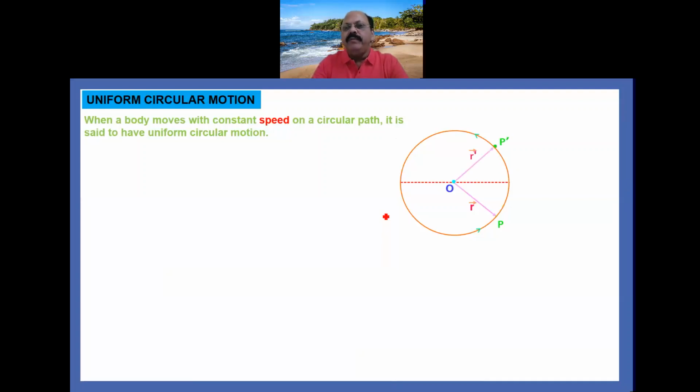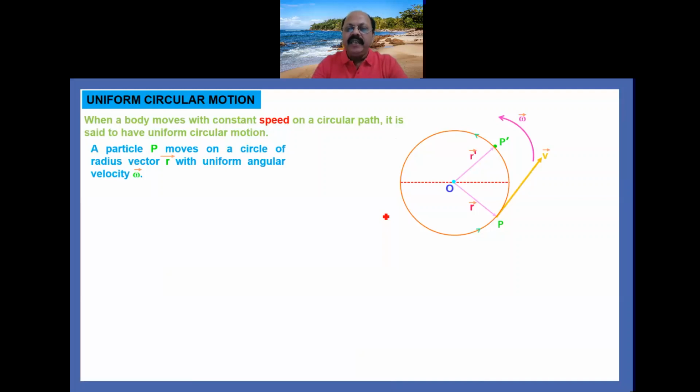And when it moves from P to P dash with angular velocity omega vector, then the tangent which is drawn at point P gives the direction of velocity, that is the linear velocity. Similarly, the tangent drawn at P dash gives the direction of velocity, but the magnitude of velocity remains constant.